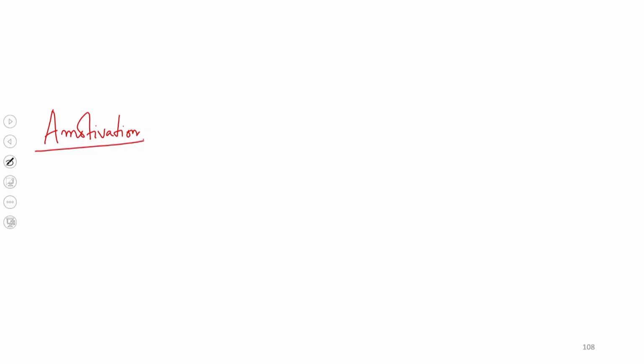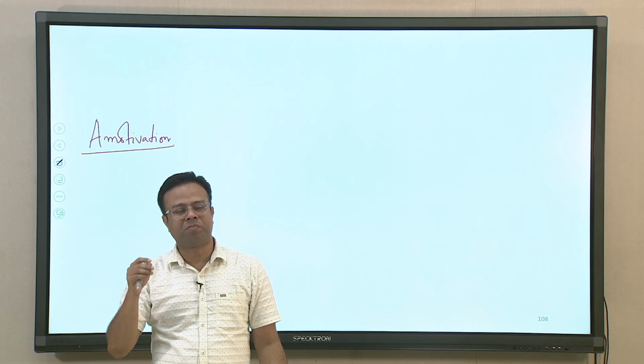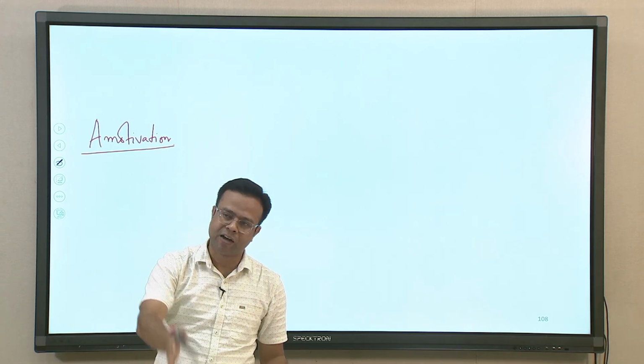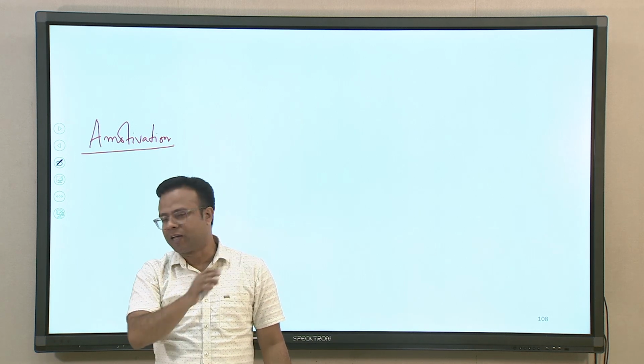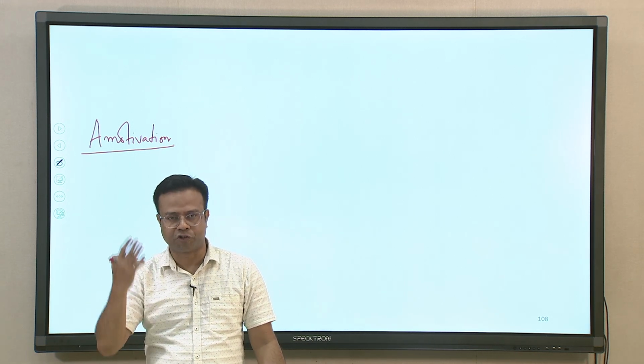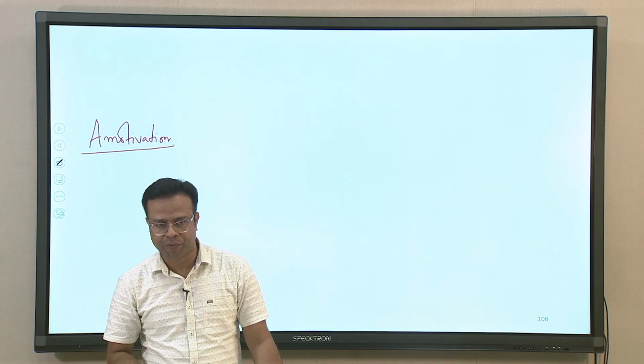There may be situations where the person is not at all motivated for doing the task, whether you give pressure, whether you show greed, nothing will work. That means there is no motivation, 0% motivation. This is a scenario which you can term as amotivation.